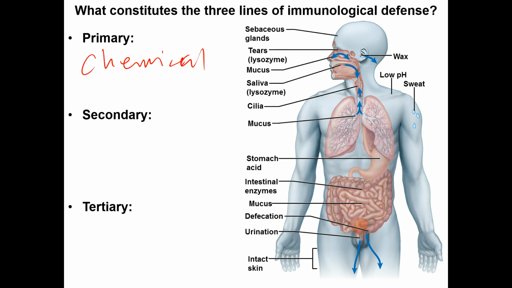You have sebaceous glands that secrete oils that are highly acidic. You have highly acidic conditions in the stomach. You have alkaline conditions within the small intestine. You have the presence of bile salts in the small intestine. You have saliva, which contains lysozyme and other degradative enzymes.